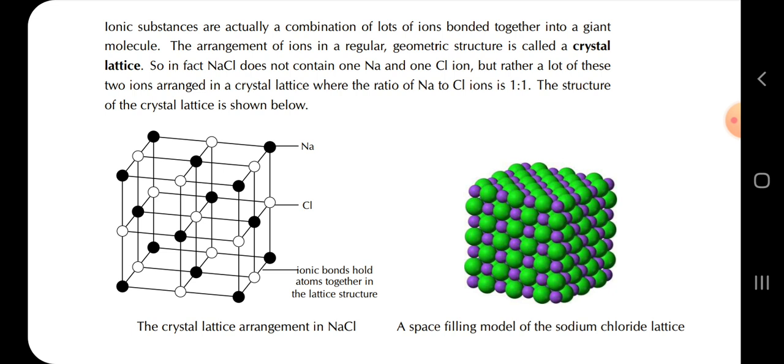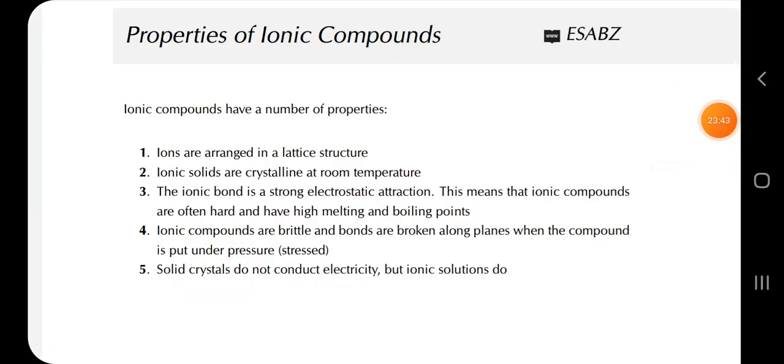So the amount of Na is equal to the amount of Cl. And these are the properties of ionic compounds, so you can read that.